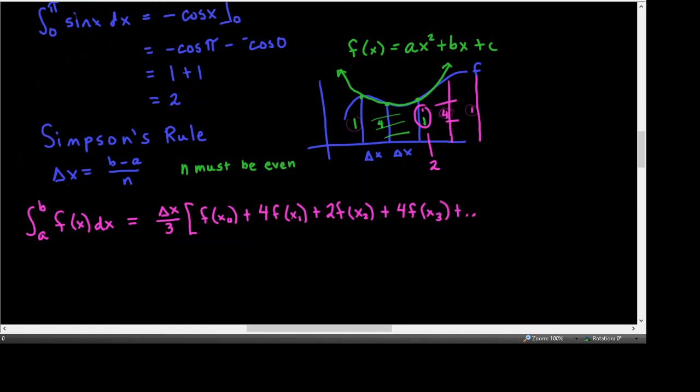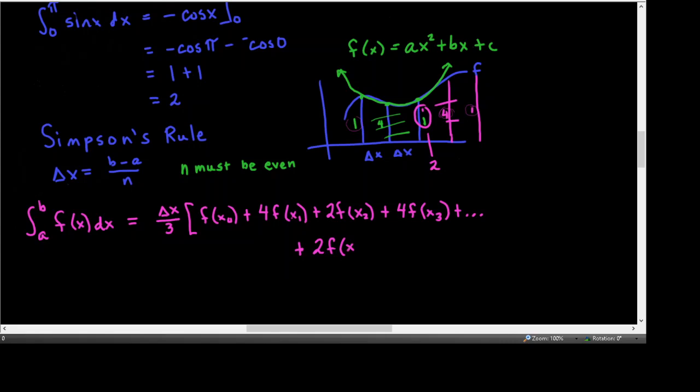So you have to know that that's the pattern, alternating between 4 and 2 for all the interior ones, until the one that's third from the end, second from the end, sorry, will be used twice.